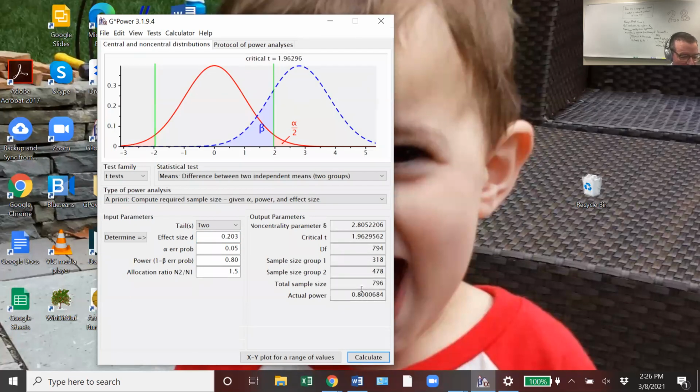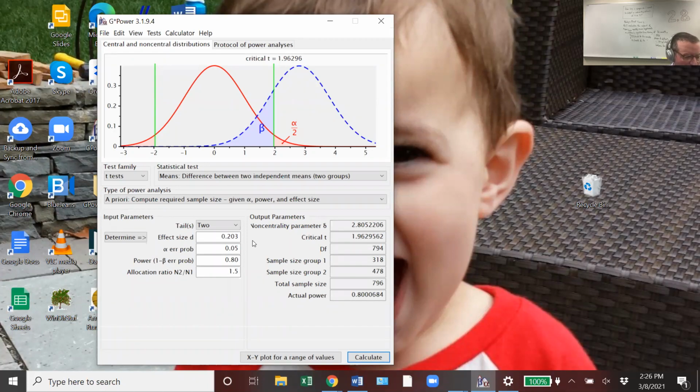So now we're back up at 800 cases with a 1.5 to 1, in other words, 60-40 split. And the hit on power, how much did we give up? How much bigger is the minimum detectable effect size? It goes from 0.196 to 0.203. Hardly any hit at all.